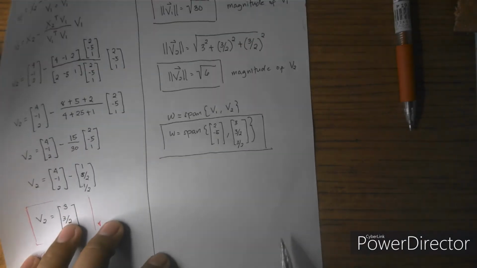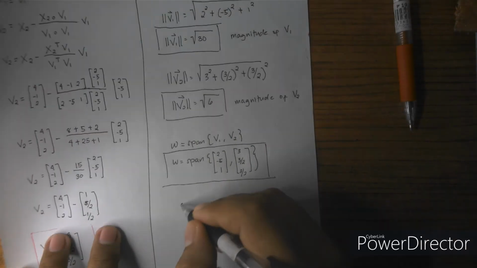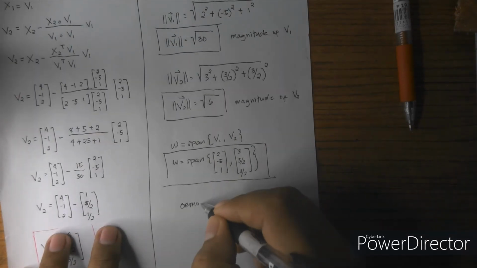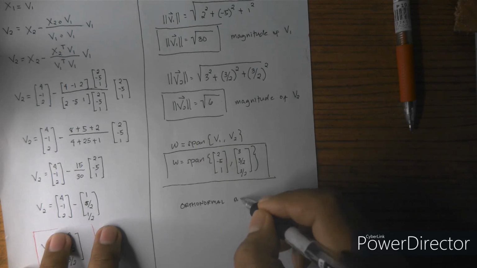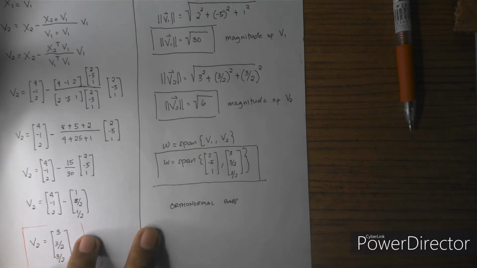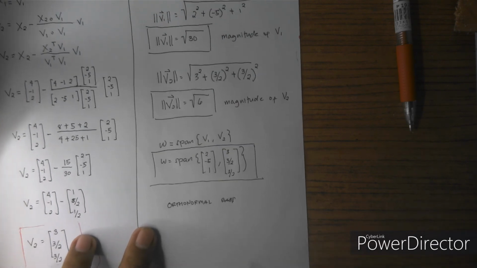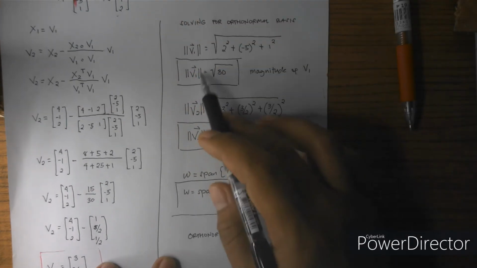Now we can solve for the orthonormal basis. How are we going to solve for it? It's easy: we just divide each component over the magnitude.